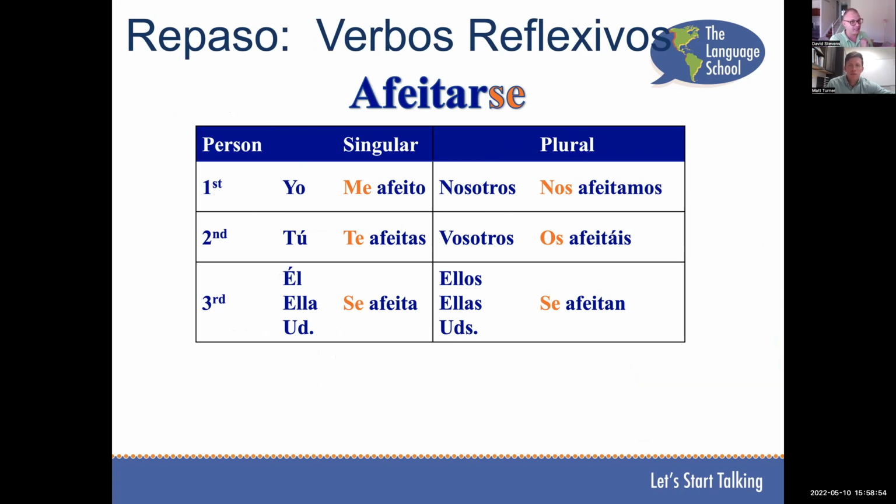In some instances they're the same, but in the third person, they are not. To say I shave, we would say yo me afeito. You shave, tú te afeitas.